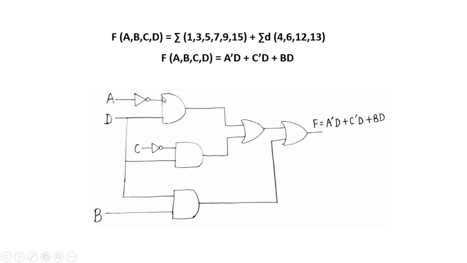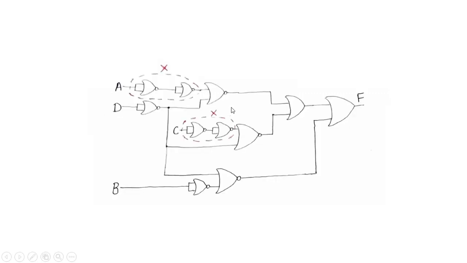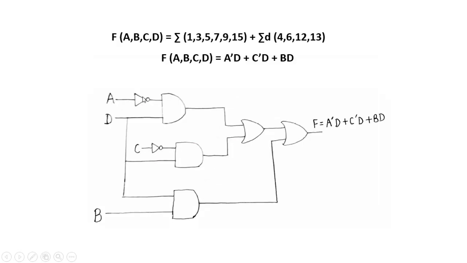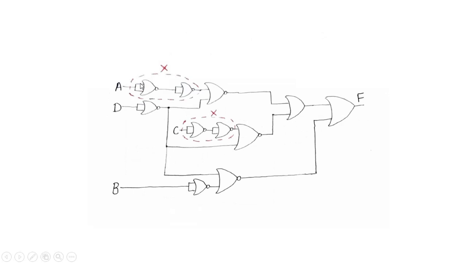We know that in place of AND we can put a NOR gate with both the inputs bubbled. So we will do the conversion here. We have kept these OR gates as they are. Now this A bar was there, so this A bar inverter gate can be formed by shorting both inputs of a NOR gate, which will give A bar.